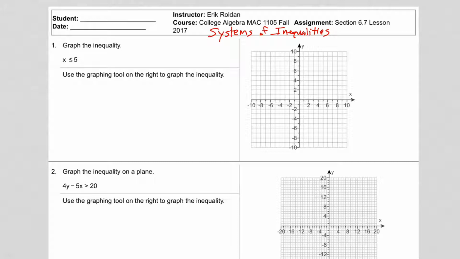Most of this is review, and so we're going to do a review of just one inequality, and it could be linear or it can be quadratic. So let's get started. This is just the lesson portion, and you do need to watch the videos online, and this is just some extra help for the lesson portion of your assignment.